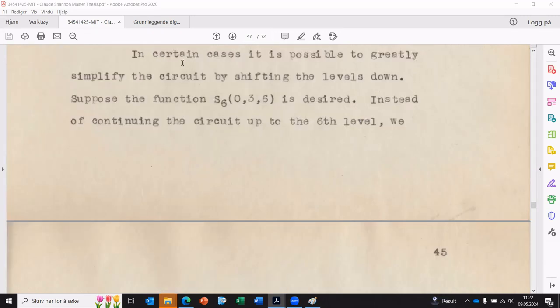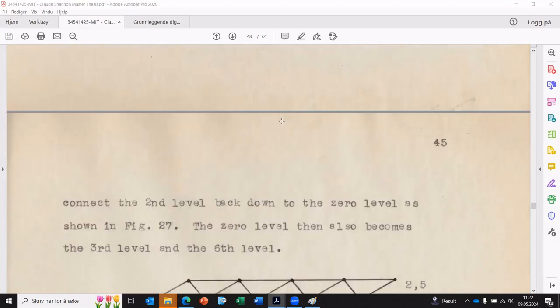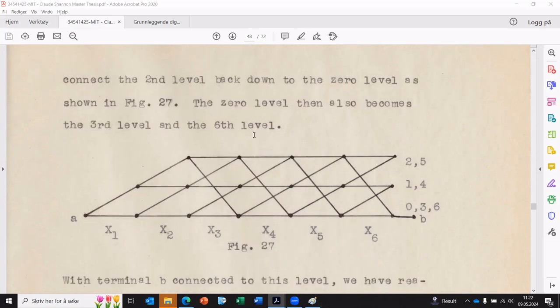Claude Shannon also shows us how we can simplify circuits by shifting levels down. We have this function S6 with 0, 3, and 6, which is desired. Instead of going up to level 6, we just shift it down. And here you see if you have, for instance, level 5 here and level 2.